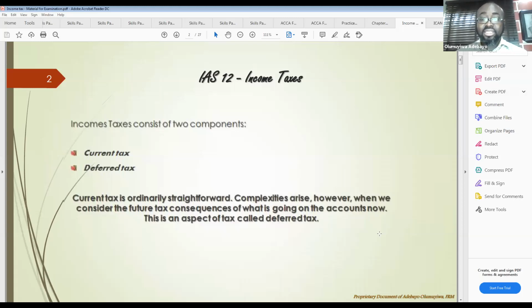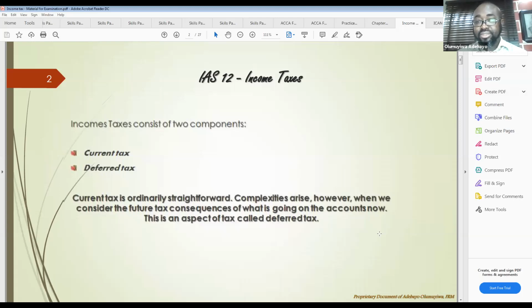In that sense, it's the instrumentality of tax law that will determine the amount of current taxes, because tax is derived from legislation.